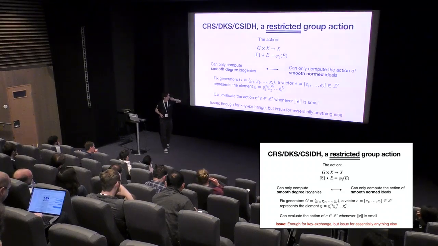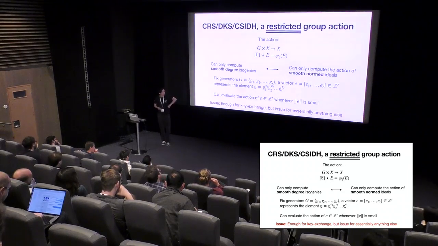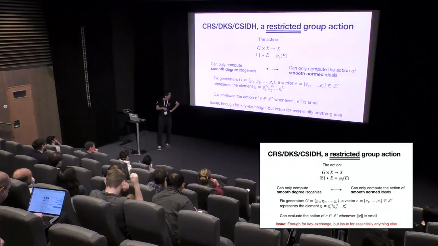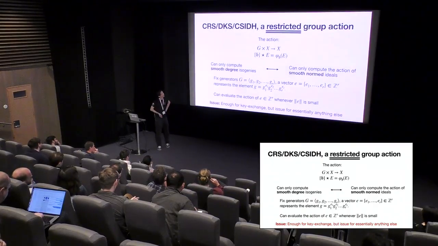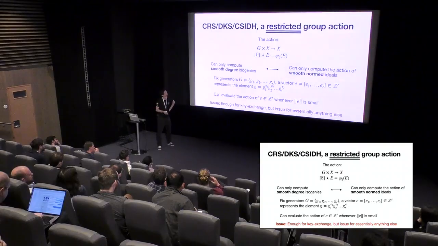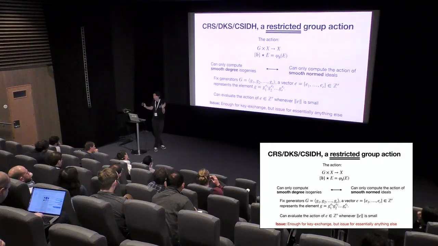The corresponding group element is just raising your generators to the corresponding powers. And now the point is that we can indeed evaluate the action of this vector whenever it has a small norm, because it's just applying these generators that we said we could evaluate. And that's good for Seaside because that is enough for key exchange.